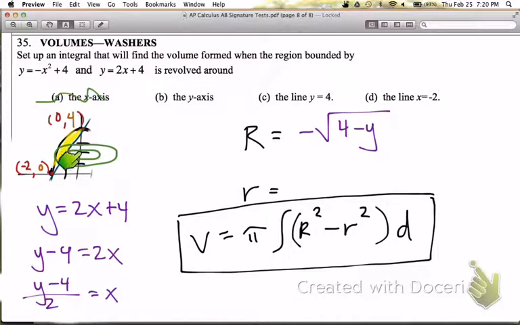And again, the distance between the y-axis and that point is going to be this function here in terms of y. And you can always check it. If I choose y equals 2, for example, I get 2 minus 4, that's negative 2. Negative 2 divided by 2 is negative 1. So I'll write that up here. I have y minus 4 over 2.